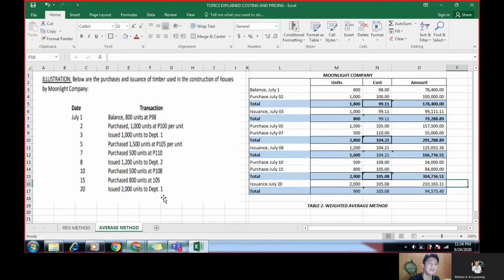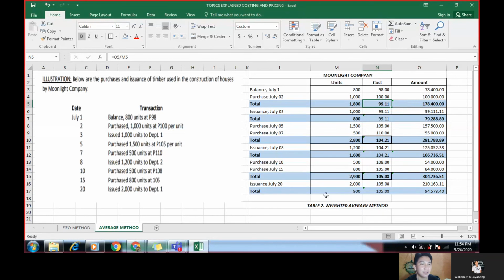Laging tatandaan sa FIFO method, hindi nag-change yung price. Okay? So, kung ano yung unang pumasok, yun yung unang lalabas, or gagamitin ng company. Pero here, kapag weighted average method, nag-change ang price ng kada inventory once there is a purchase.